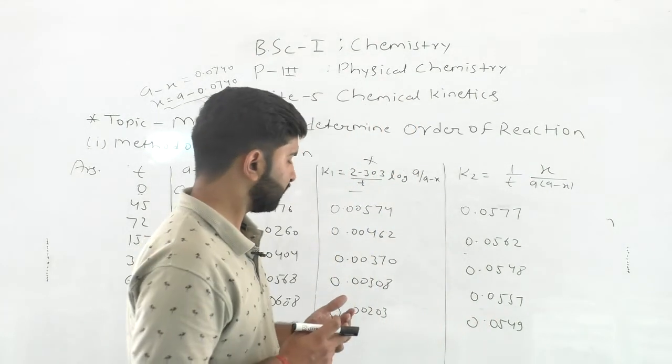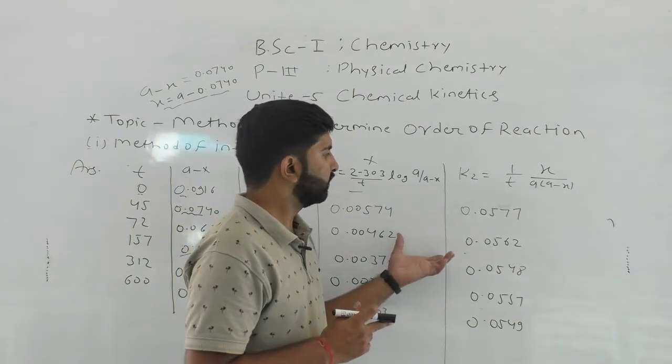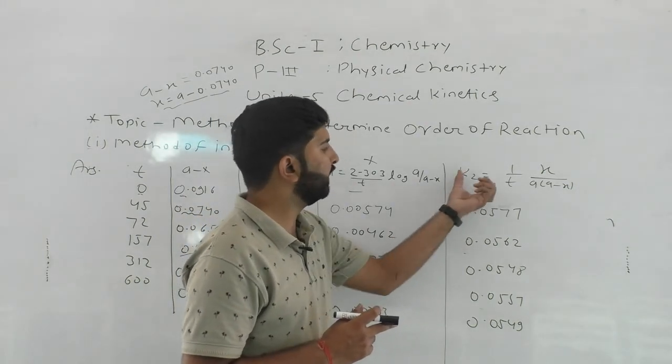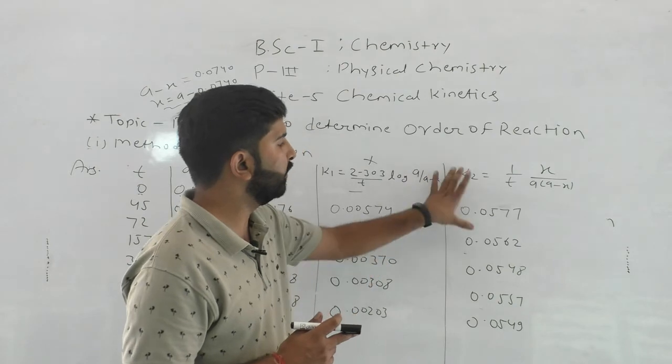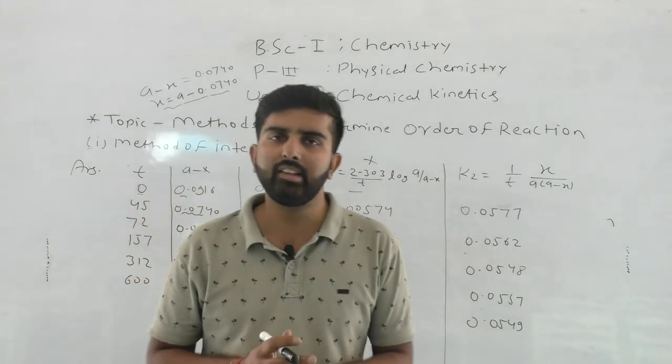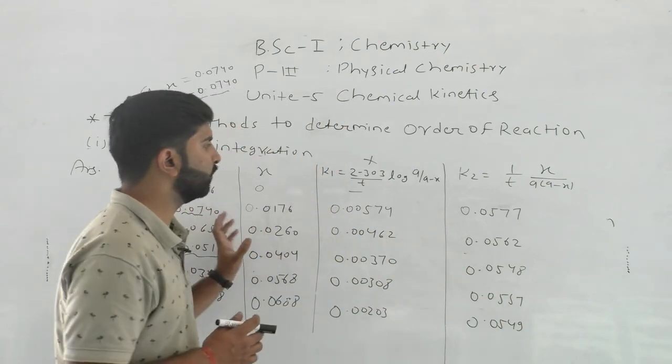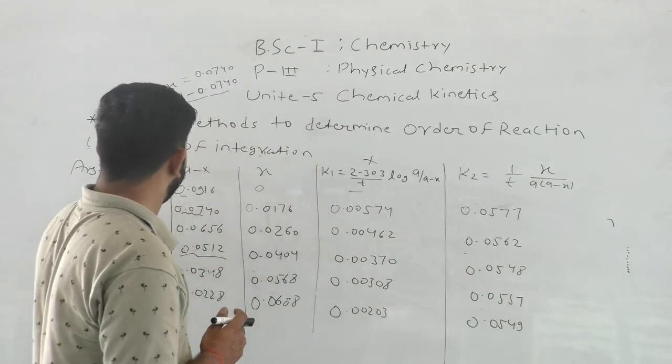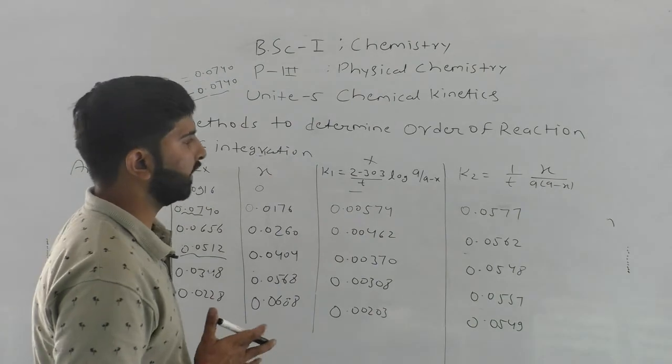Then at last for the fourth order integrated rate law, the values of k come out constant. So it is a very lengthy method to calculate the order of the reaction.